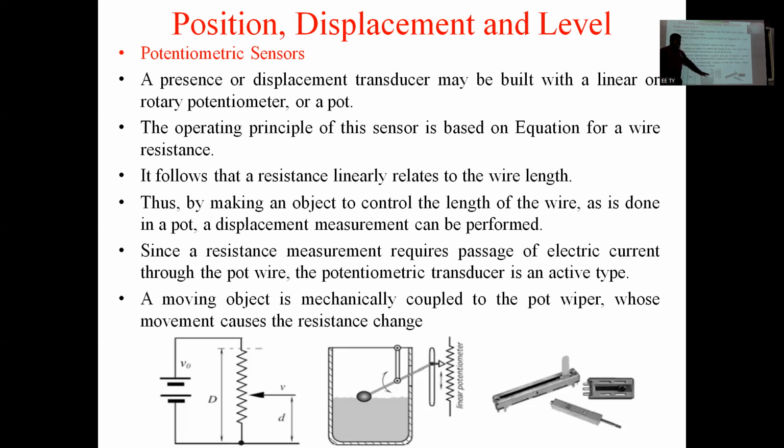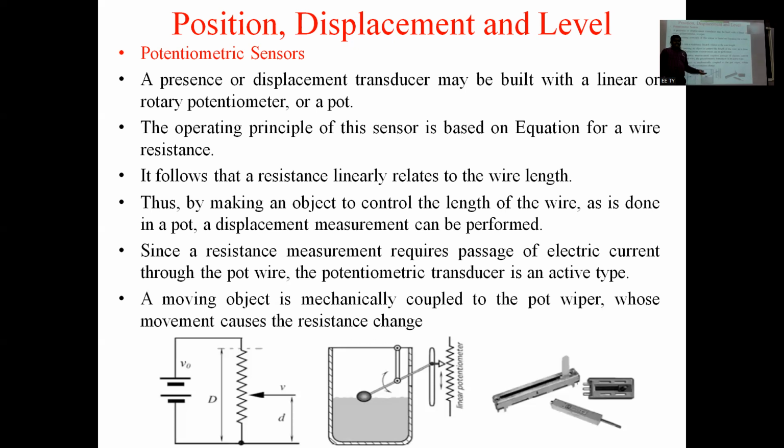If the water level increases, this object is fitted to that variable pot or variable position of the potentiometer transducer. हा potentiometer आहे म्हणजे variable resistor आहे. हा linear type दाखवलेला आहे. बरोबर, linear type आहे. याचा जो काय variable point असेल, for that variable point this object can be directly mechanically connected. Object काय केलं याला mechanically connected. बरोबर.